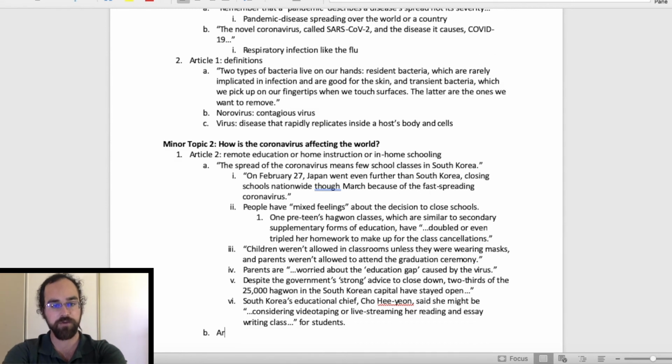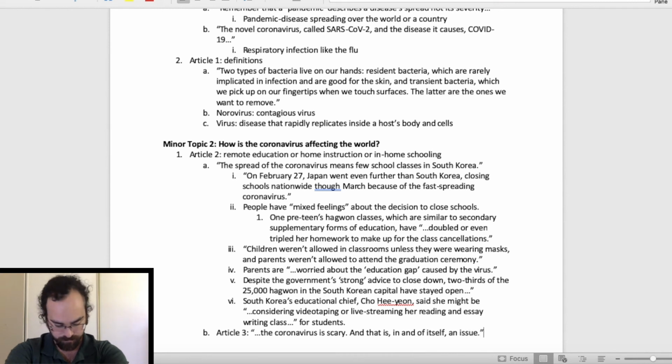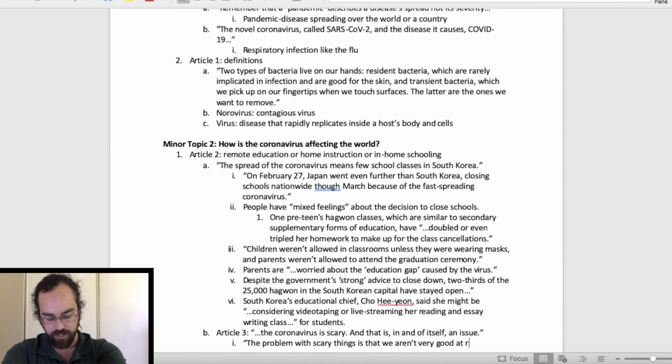And then from Article 3, found information stating the coronavirus is scary, and that is, in and of itself, an issue. Further information regarding that and supporting that is the problem with scary things is that we aren't very good at reacting to them.